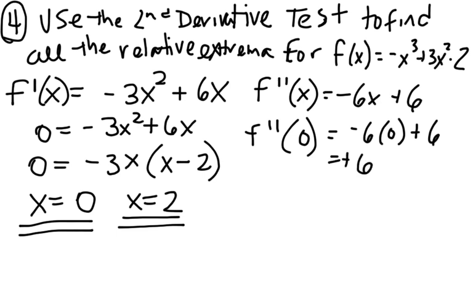What matters is the sign. So if I am positive for my second derivative, that means I'm concave up. And if my first derivative is 0, that means my tangent line is horizontal. This is at a minimum.